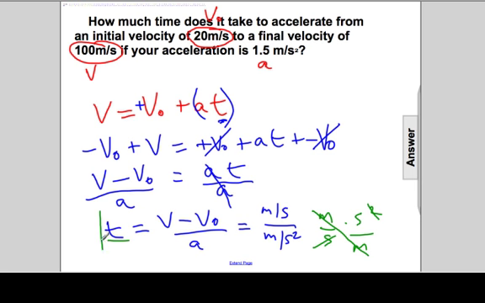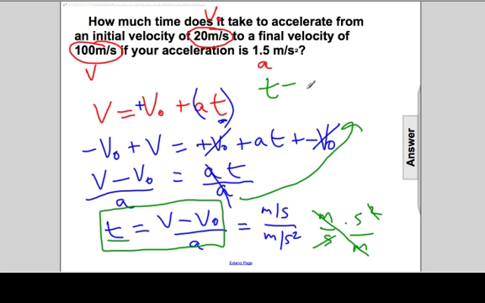Now let's take this equation, because we're running out of room. I'll sub the numbers in up top. Time is equal to Vf, which is 100 meters per second, minus the initial speed, 20 meters per second, divided by the acceleration, 1.5 meters per second squared.